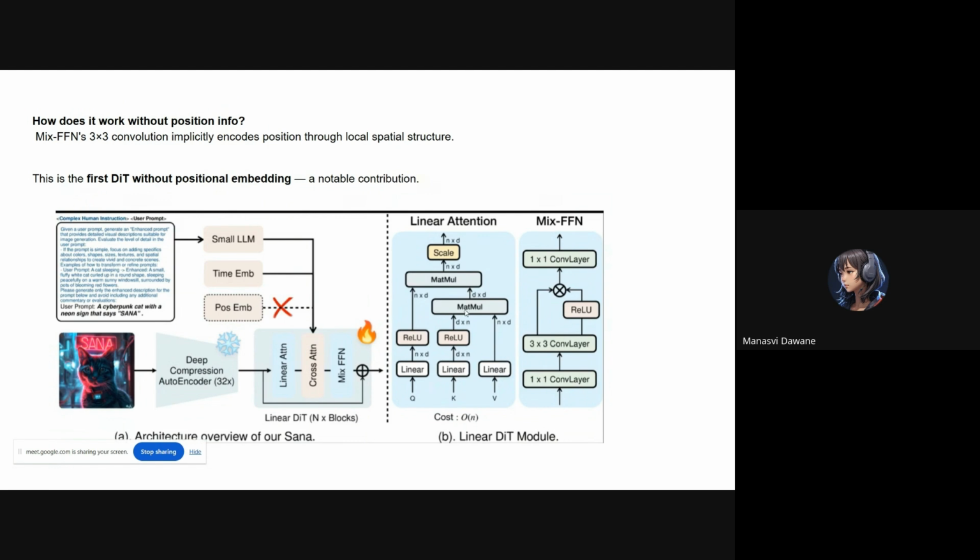Then let's talk about diagram B, which is the Linear DiT model. In this linear attention mechanism, there are two terms, N into D, which are tensors. N stands for the number of tokens and D stands for the feature dimension.